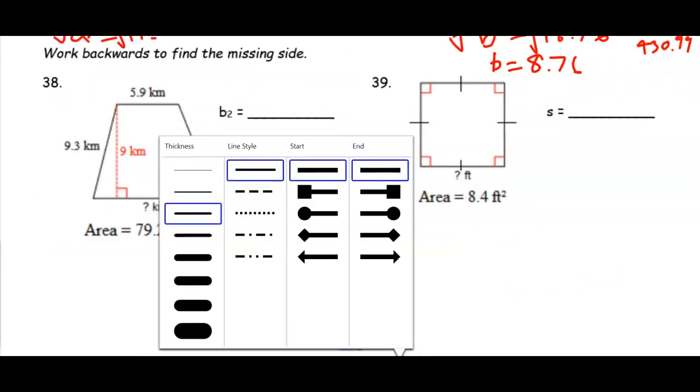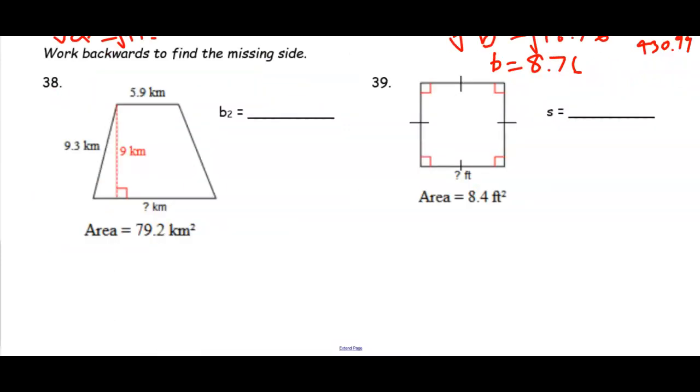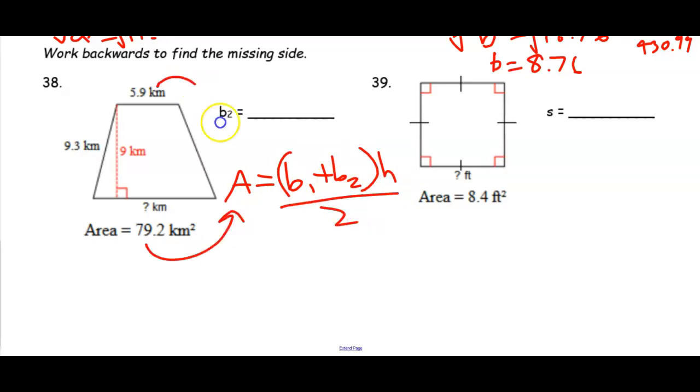Can I ask you a question? So area for a trapezoid is base 1 plus base 2 times the height divided by 2. We know the area. We know one of the bases. And we actually know the height. This one's kind of complicated, but we can do it.